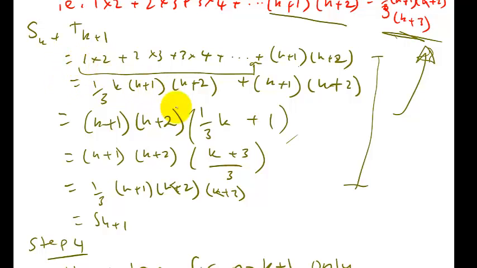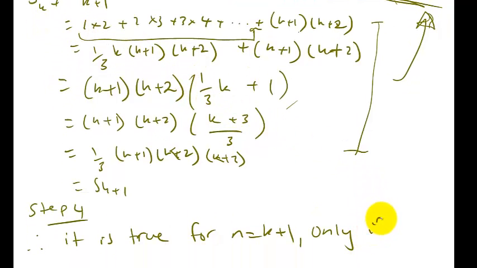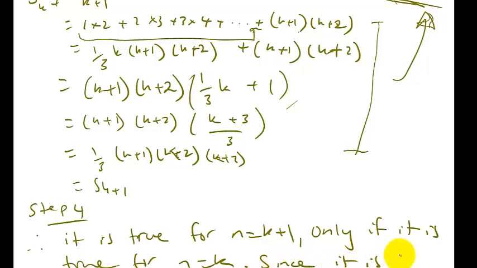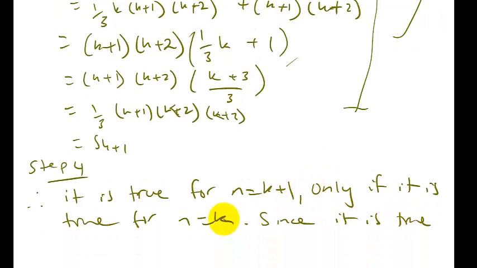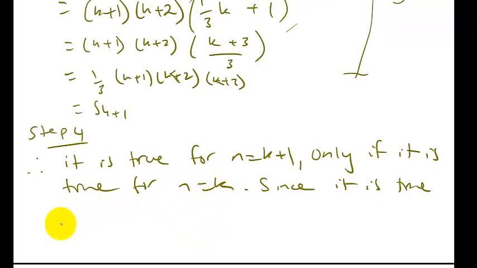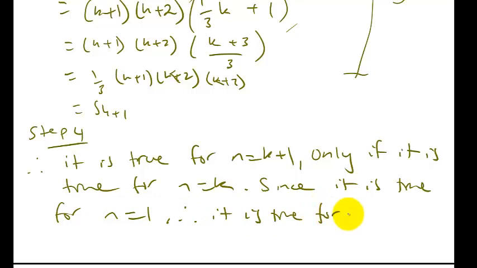You used the assumption. It is true for n equals k plus 1 only if it is true for n equals k. But then, since it is true for what? What would you prove it's true for? What number? Since it is true for n equals 1, therefore it is true for, let's say, n equals 1 plus 1, which is 2.